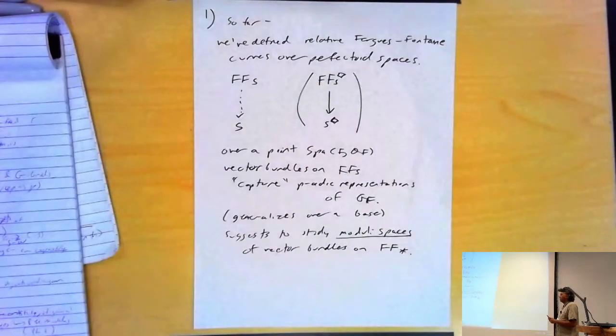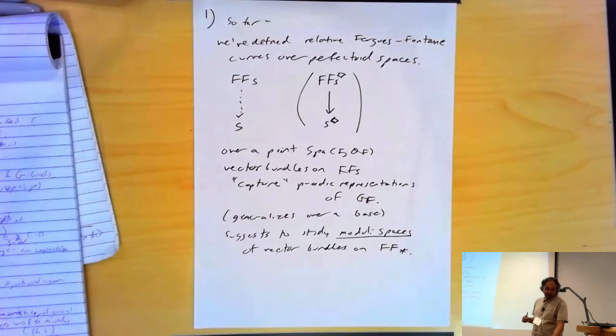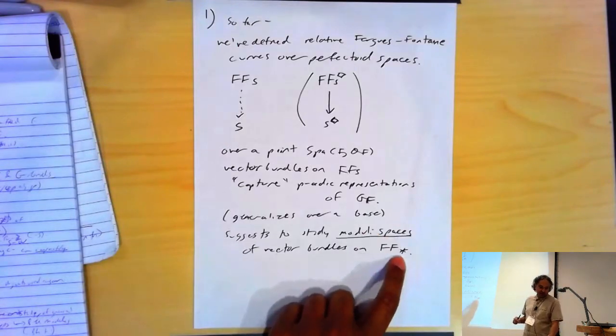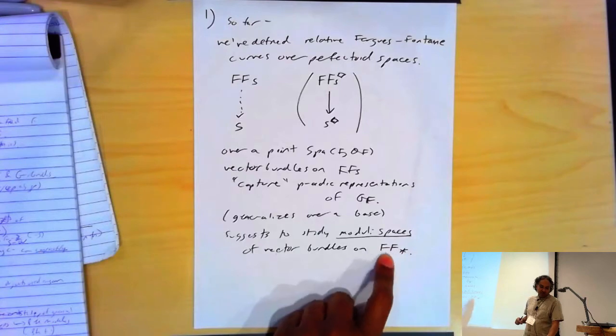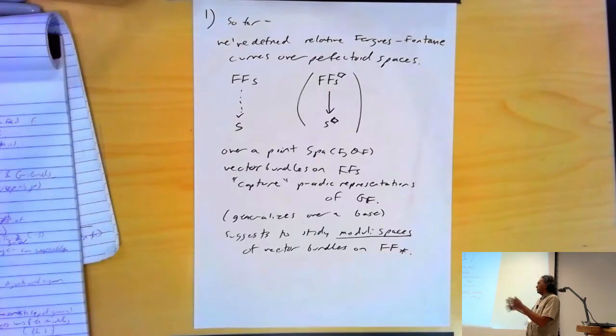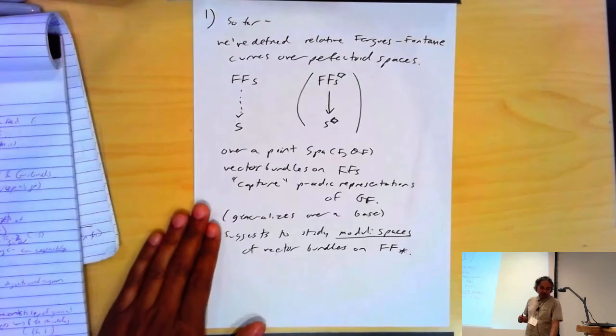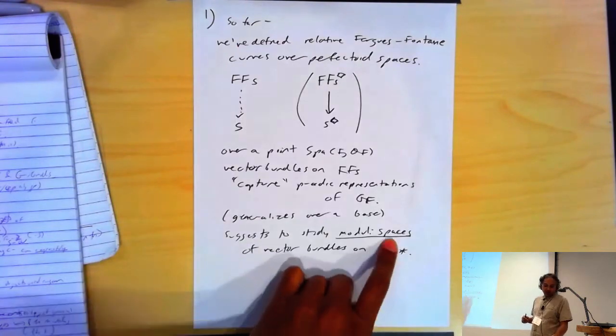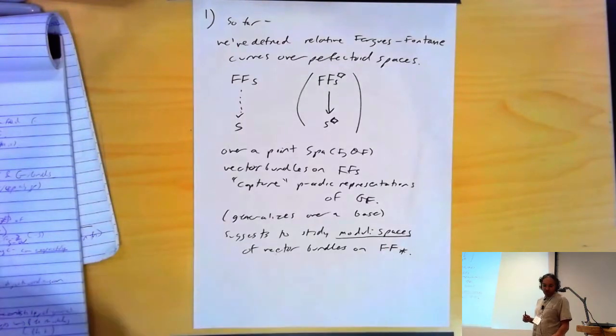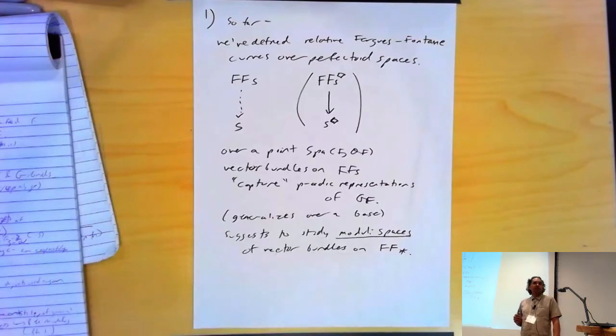So what is a moduli space? It's some sort of object carrying a universal family. So it would be some sort of object down here such that the relative Fontaine curve over that had some sort of universal bundle. That every bundle I could ever write down would somehow come from that as a pullback. Now, as usual in algebraic geometry, moduli spaces are kind of tricky things to actually get your hands on.